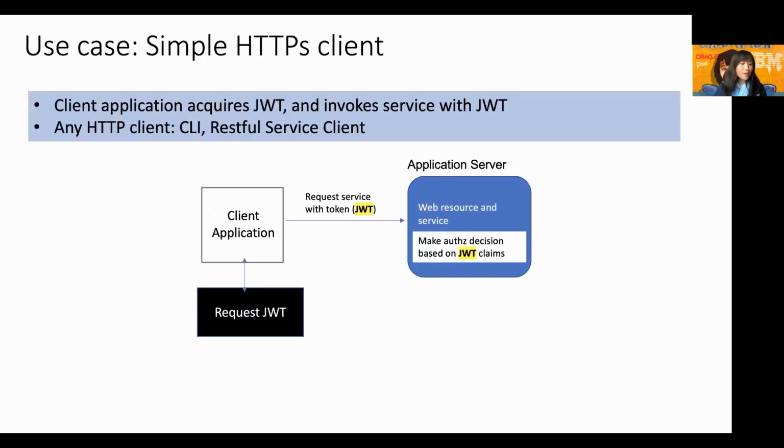The following are three very popular use cases using MicroProfile JWT. The first one is very simple. The client creates a JWT and then passes the JWT to the backend. The backend will make an authorization decision based on the JWT claims.